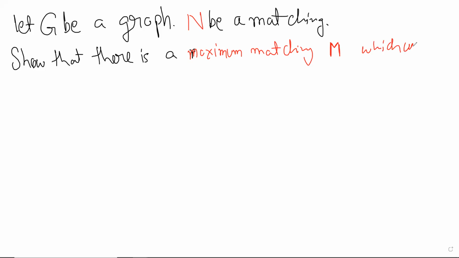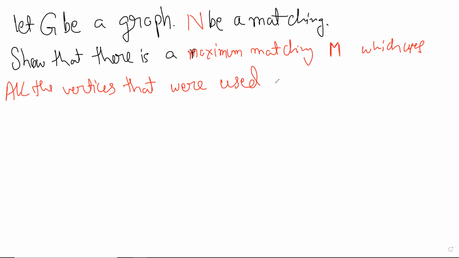which uses all the vertices. Uses all the vertices means that edges involve those vertices. That uses all the vertices, and maybe more, but all the vertices that were used in N. So N is some arbitrary matching.